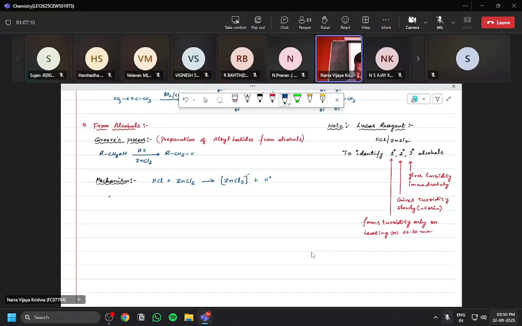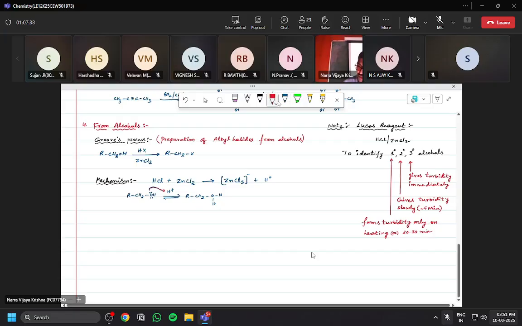Now, alcohol with H plus forms RCH2OH2 plus, because this oxygen donated a lone pair to H plus. RCH2OH2 plus, you got positive charge.